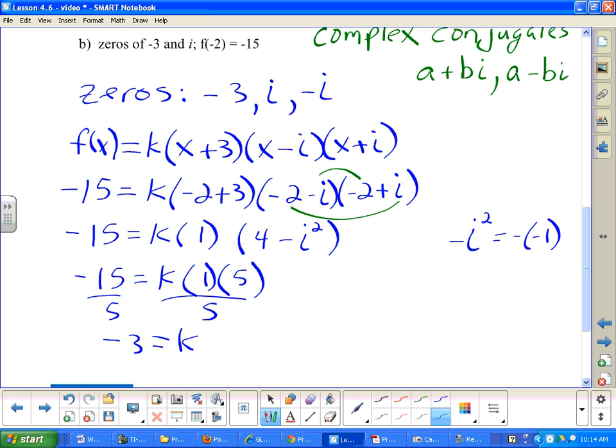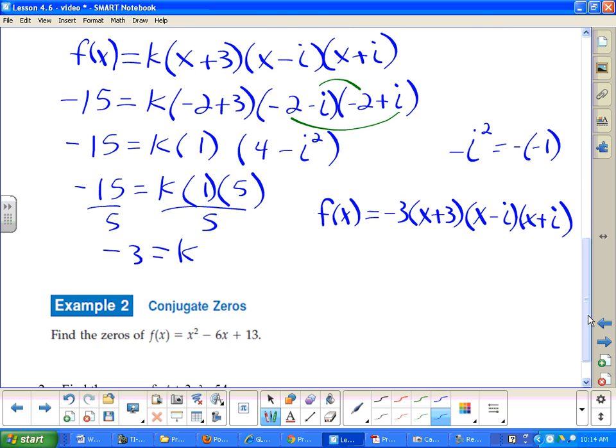So our answer here would be f of x equals negative 3 times x plus 3 times x minus i times x plus i. And when I actually multiply this out, this part here is the difference of two squares again.